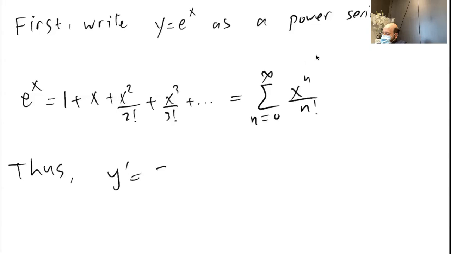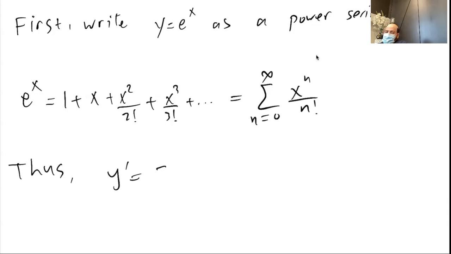And what is the derivative of this function? It's going to be sigma n x to the power n minus 1 over n factorial, from 1 to infinity. So you use property 5 here.